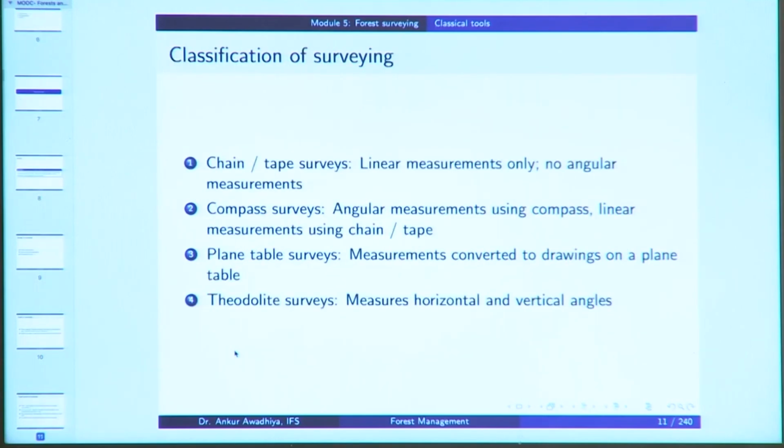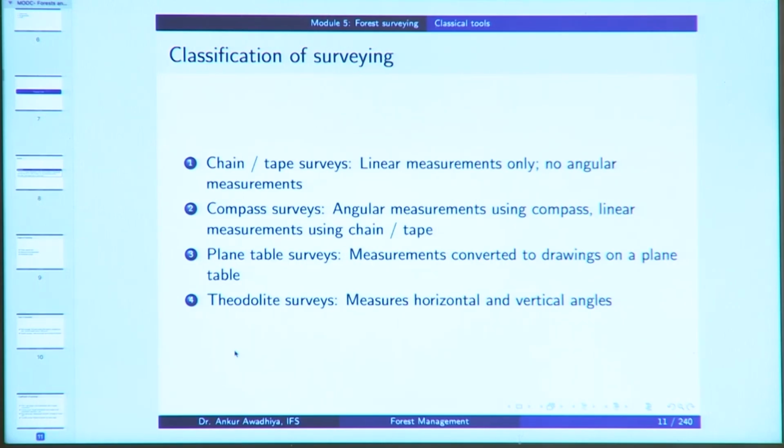Now, surveying was generally done with classical tools such as chain and tape survey. In the case of chain and tape survey, you only take linear measurements, there are no angular measurements involved. Secondly, you have compass survey, in which case you take angular measurements using a compass and linear measurement using a chain or a tape.